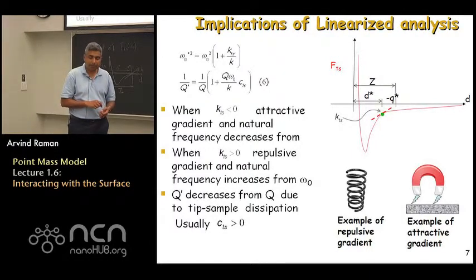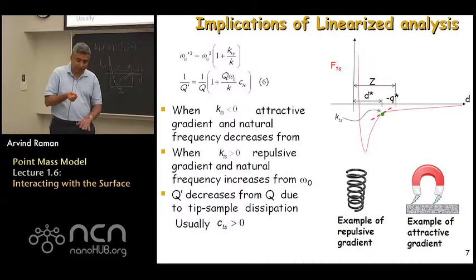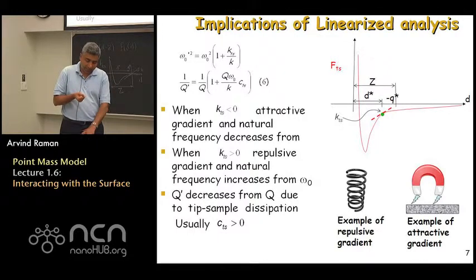Now on the other hand, if you're holding a horseshoe magnet over an iron surface, as you move it closer to the sample, the attractive magnetic forces would increase. We would denote that as a negative value of KTS, suggesting that the attractive forces keep increasing as you come closer to the sample.